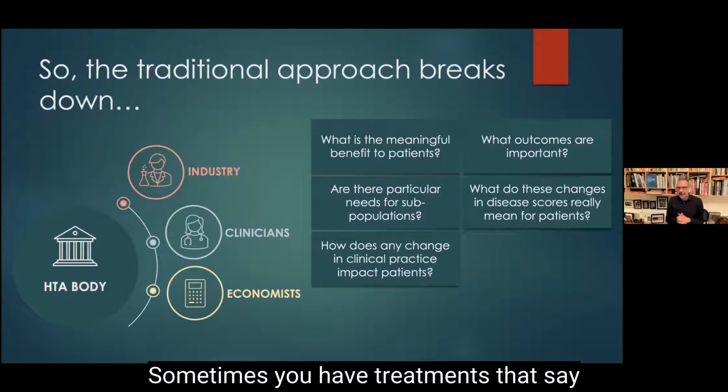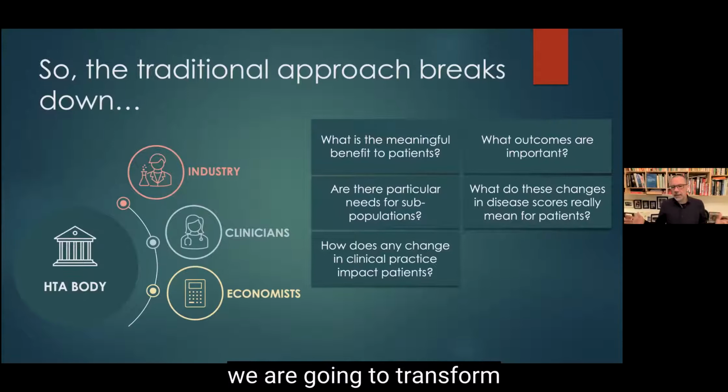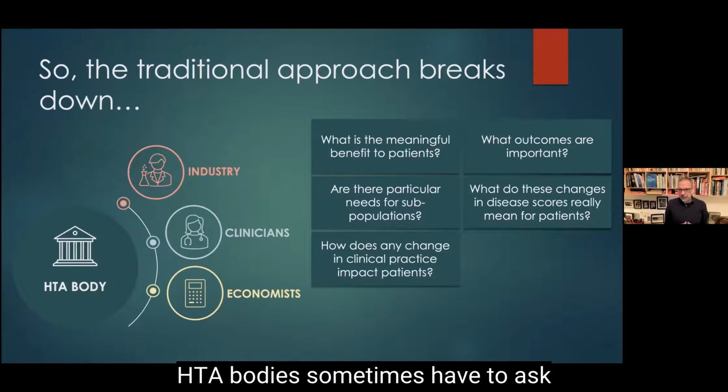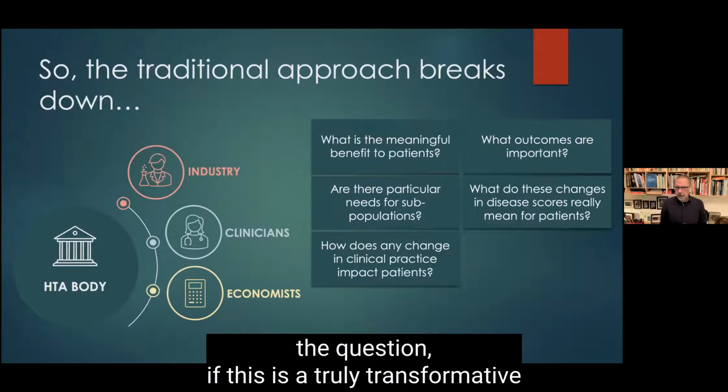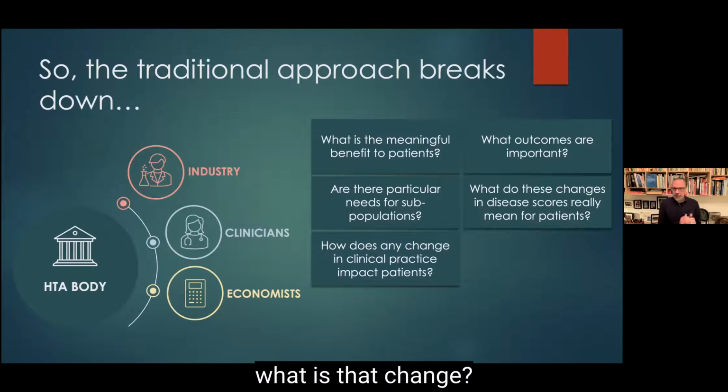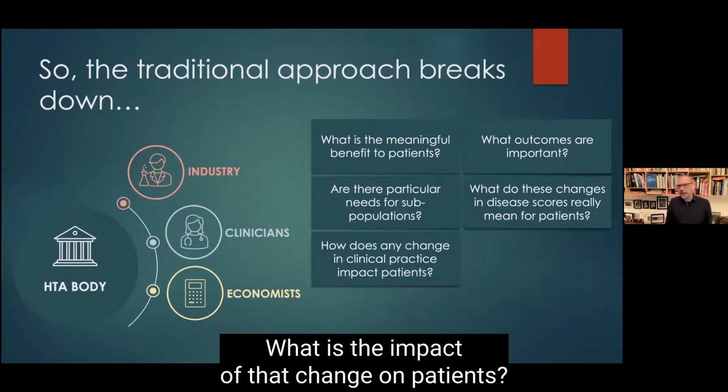Sometimes you have treatments that say, we are going to transform the way this disease is treated in the healthcare system. And so HTA bodies sometimes have to ask the question: okay, if this is a truly transformative treatment that's going to change clinical practice, what is that change? What's the impact of that change on patients?